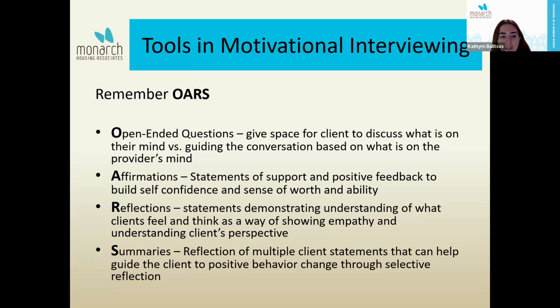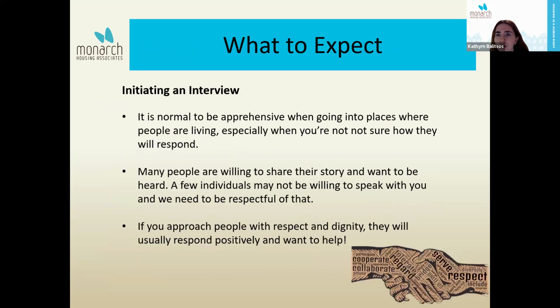R is for reflections, so statements demonstrating understanding of what clients feel and think as a way of showing empathy and understanding of the client's perspective. Summaries is S, and that's a reflection of multiple client statements that can help guide the client through a reflection.